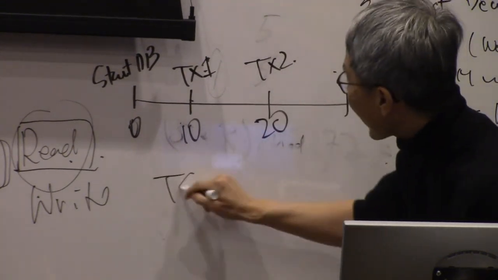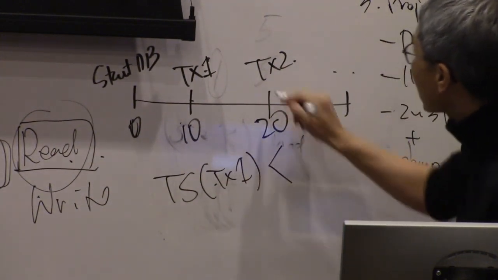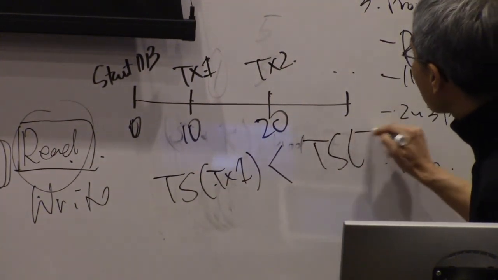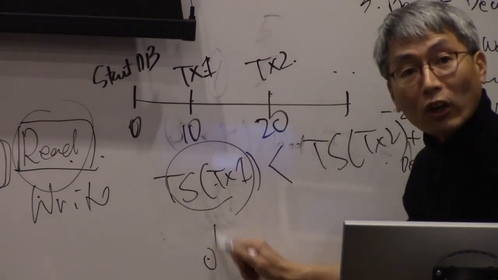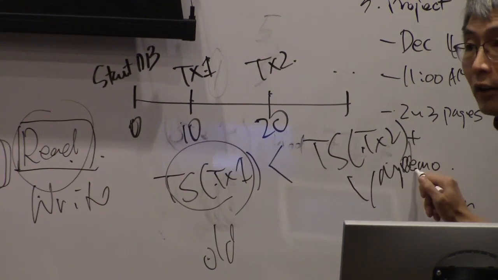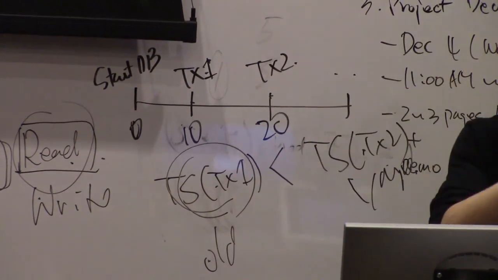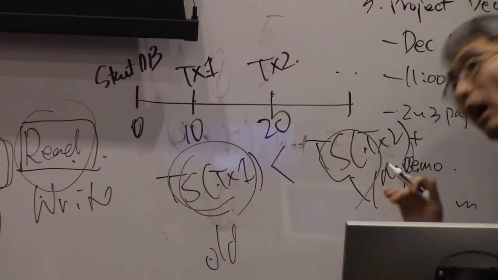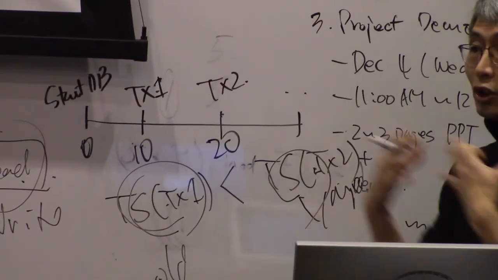So the timestamp of transaction 1 is less than that of transaction 2, which means this one is older and this one is younger. Don't be confused: the lower number means the older process, and the higher number, because it's a sequence number, means the younger process.